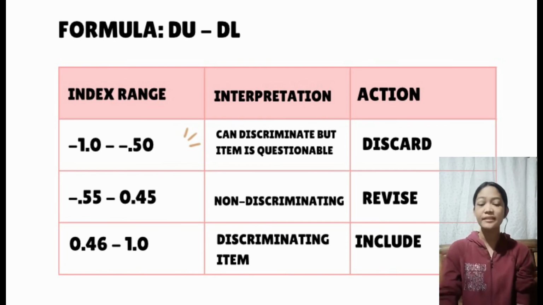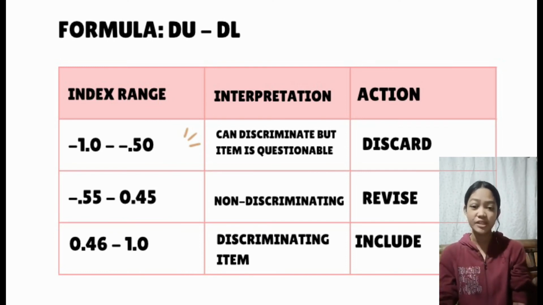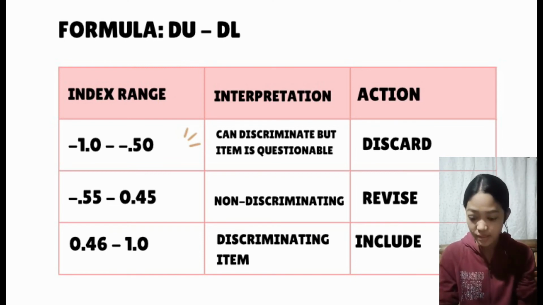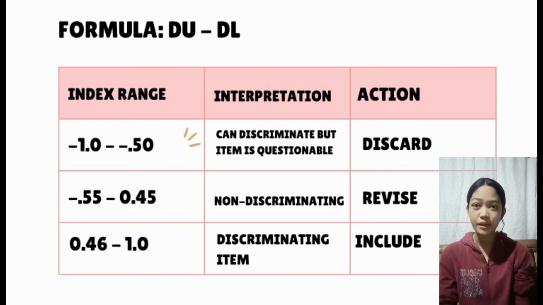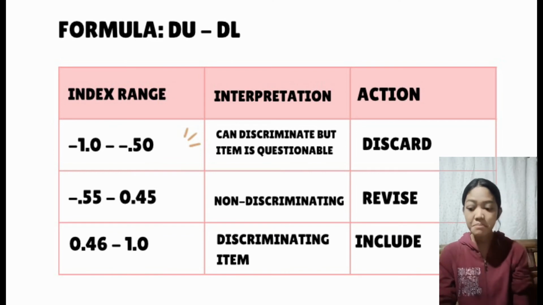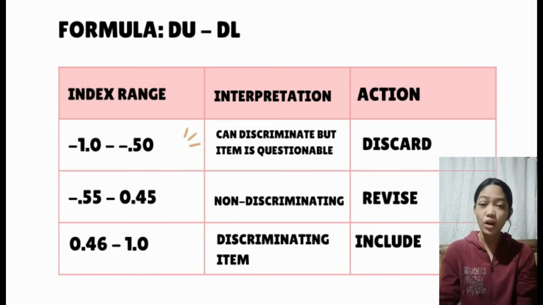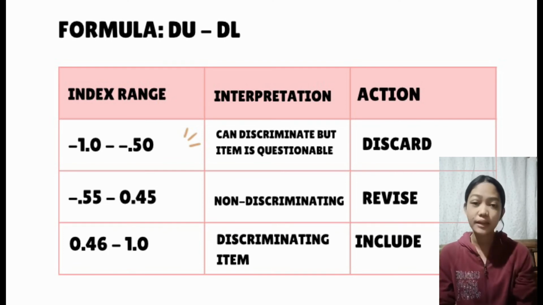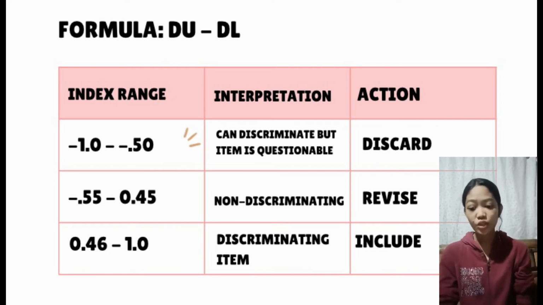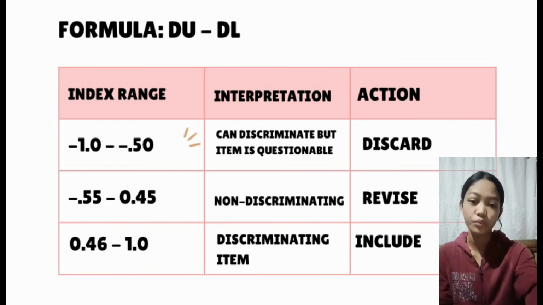If may isang distractor na hindi negative ang index of discrimination, means more of your strong candidates are picking it than your weak candidates. So, this is a great way to identify broken distractors in an item. For example, where another answer could be considered to be a correct answer too.